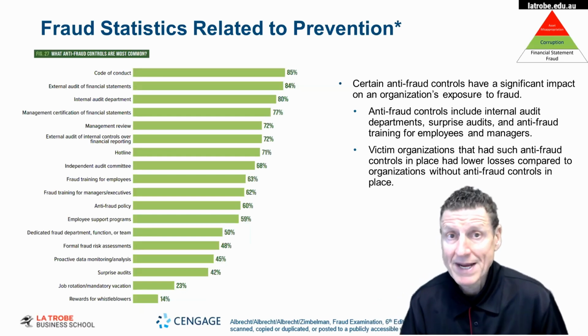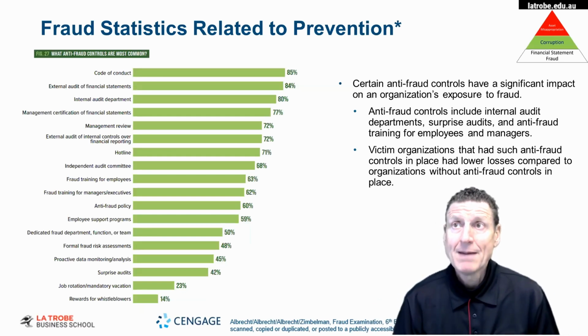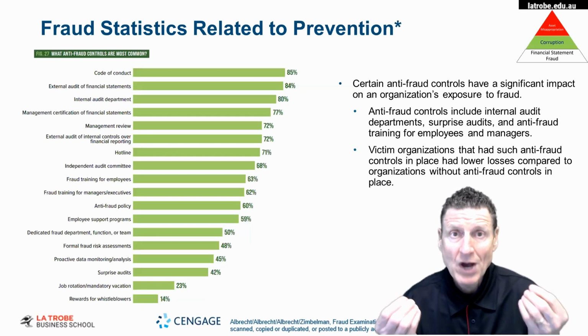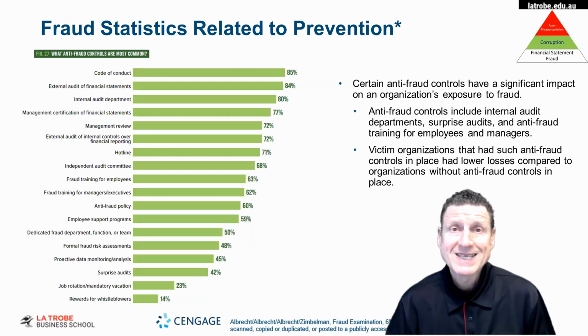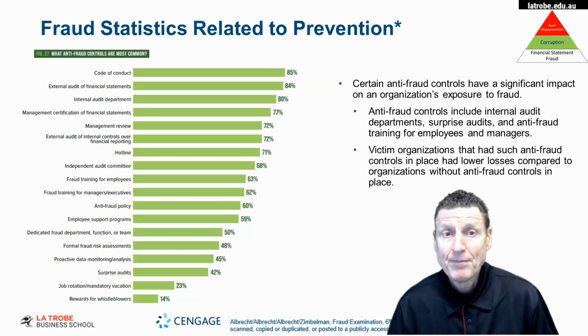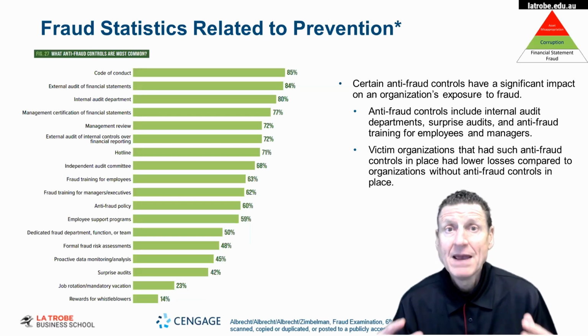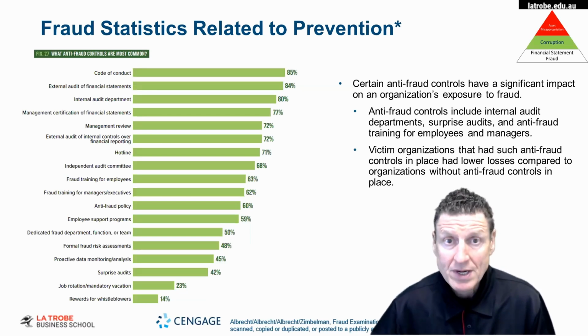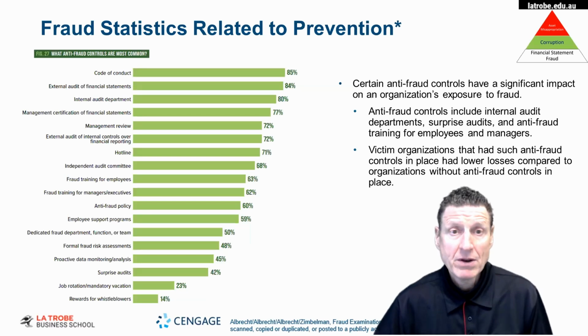Interesting, because we talked about that in Learning Modules 4 and 5, about creating a culture of honesty, openness, and assistance as a preventative measure in any organization. Having a hotline is very effective. Having an independent audit committee is effective. Surprise audits are effective. Rewards for whistleblowers, less so.